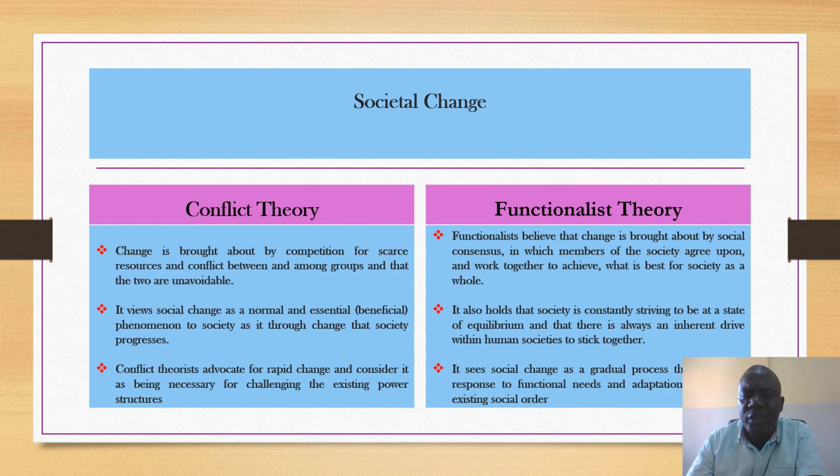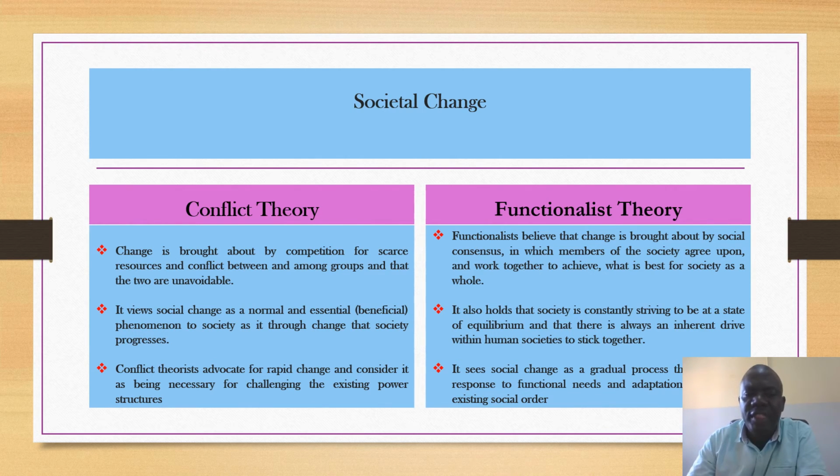While for functional theory, they prefer gradual change and change that is built on consensus, on discussions, and understanding. Again, functionalism consider small level change, that even if change is to occur, let it be small level, not large scale change that society might find it difficult to cope with from time to time.